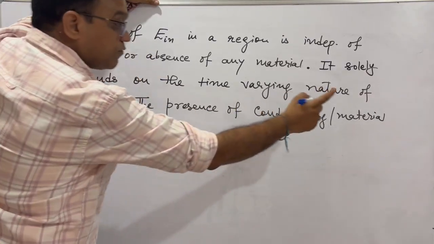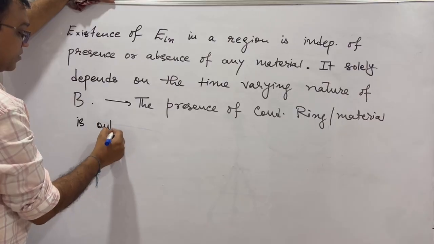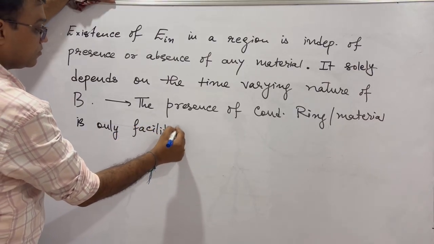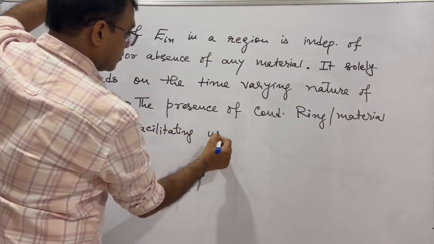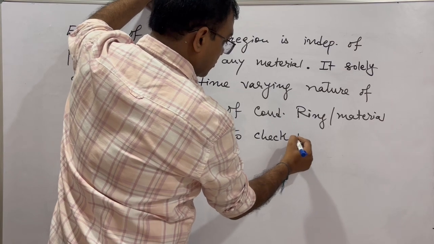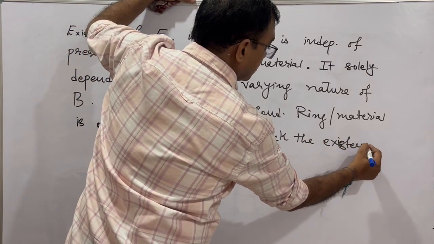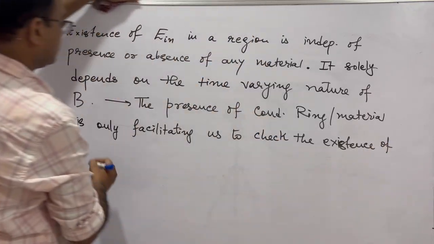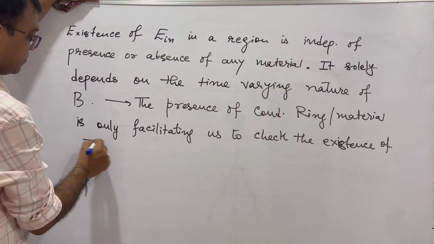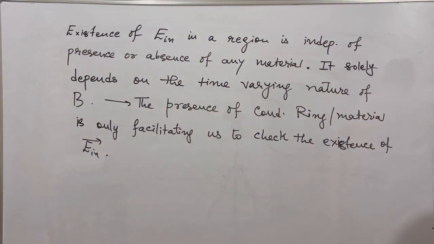The presence of a conducting ring or material is only facilitating us to check the existence of induced electric field. Write it down. I am explaining this point in depth.